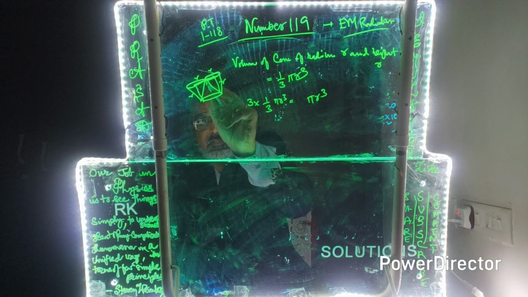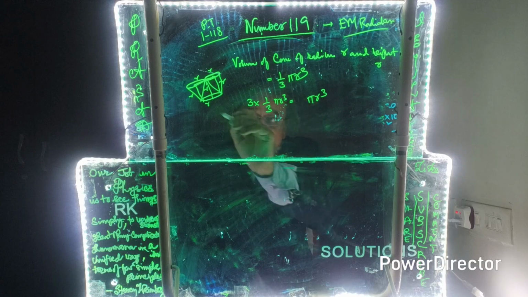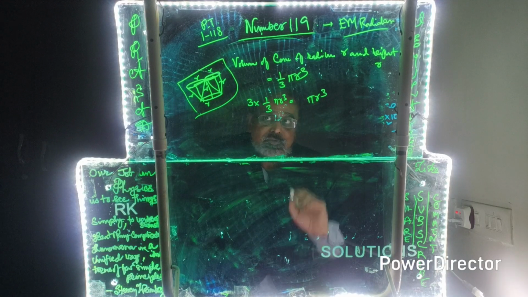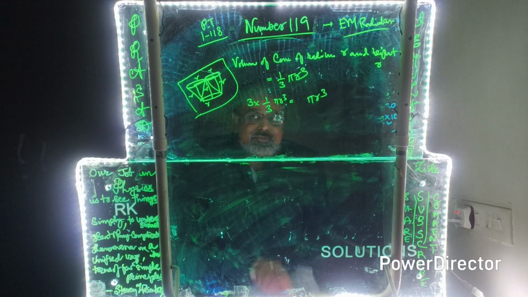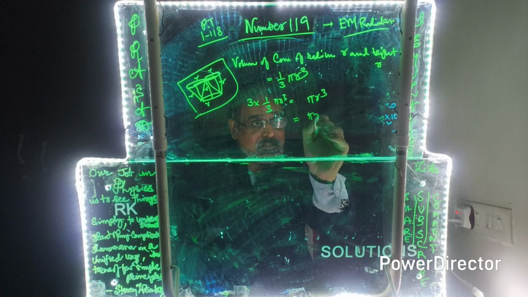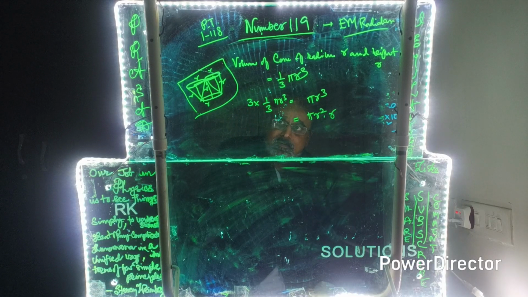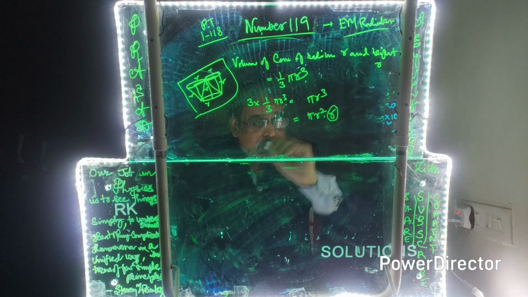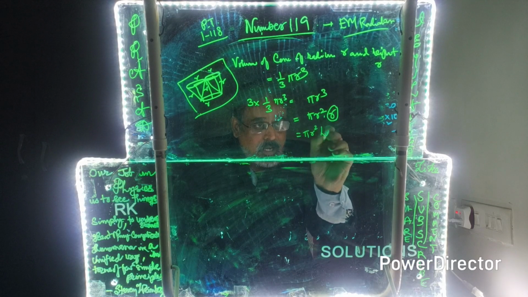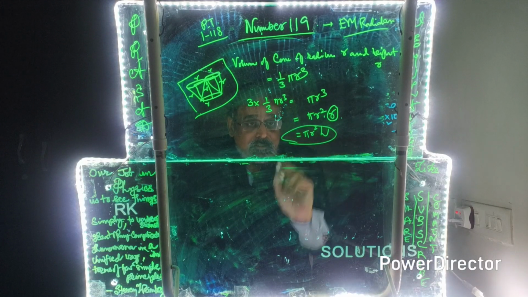If you take three such cones, what you get is this, which can also be written as pi r squared into r. If this r is h, you can write it as pi r squared h, with height h.